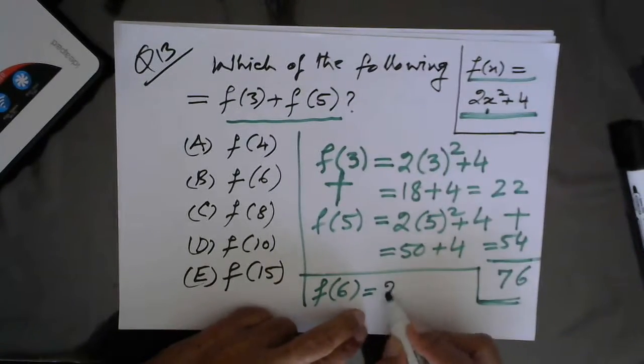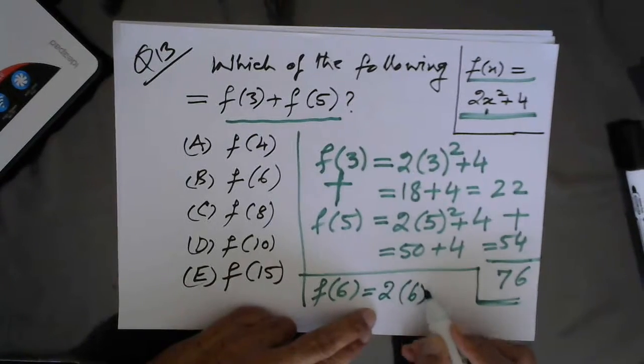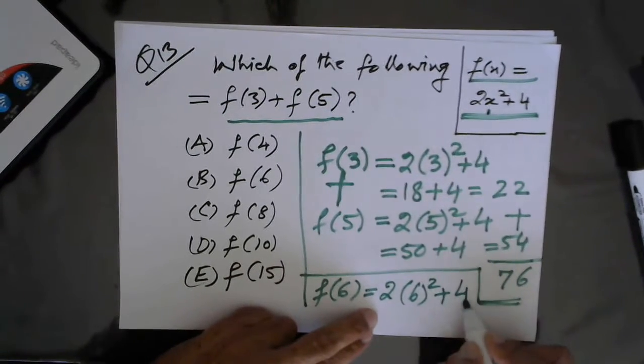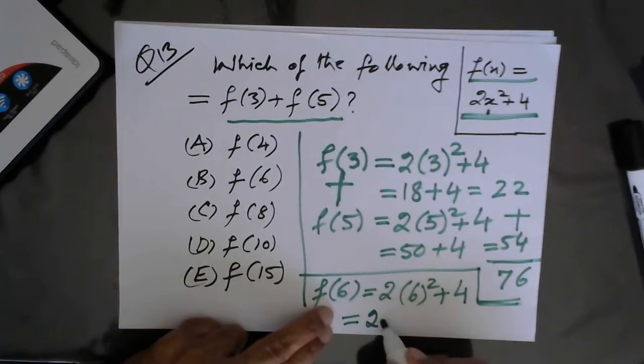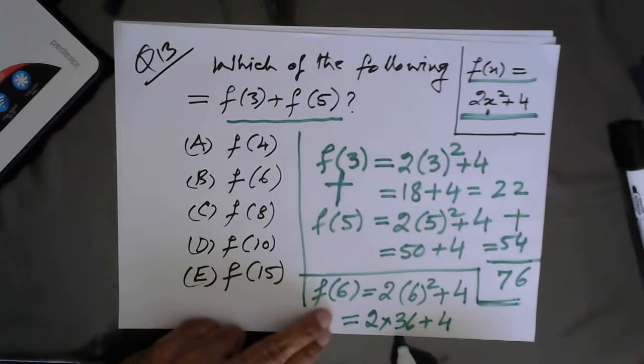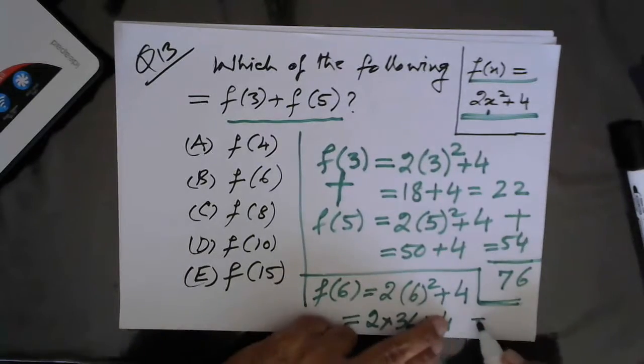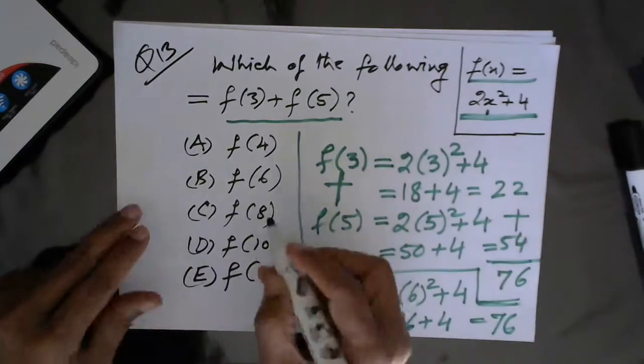So you will get 2 times 6 square plus 4. What is 6 square? 6 square is 36. So it is 2 times 36 plus 4. 2 times 36 is 72. 72 plus 4 is 76. So B is the answer.